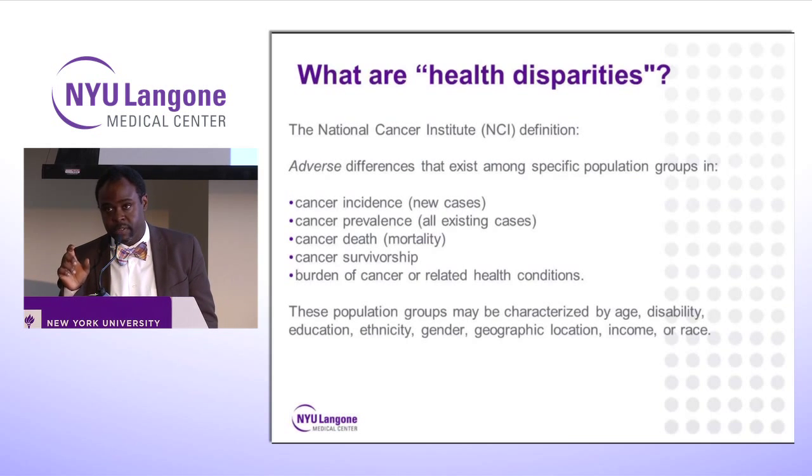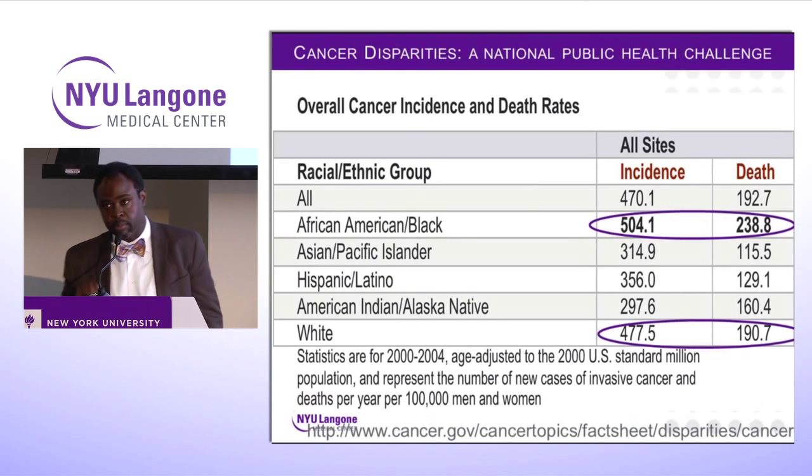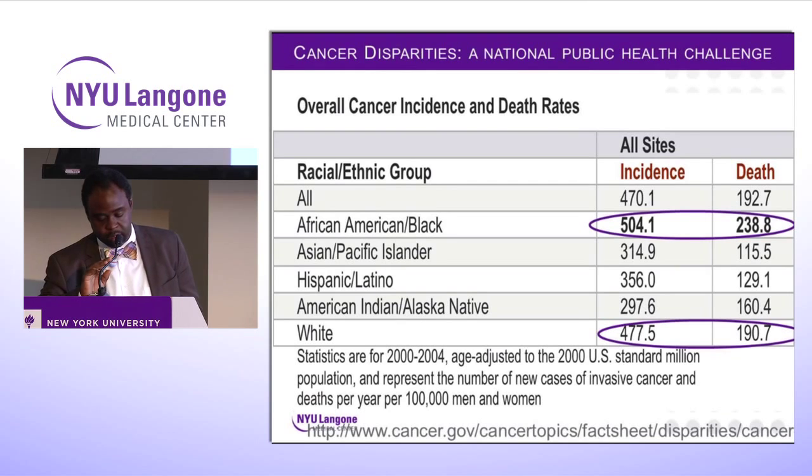And when they talk about different groups, these groups can be characterized by age, disability, education, ethnicity, gender, demographic, geographic location, or race. So basically, we're talking about significant differences in health outcomes between different groups. Unfortunately, cancer is a perfect example of a health disparity.